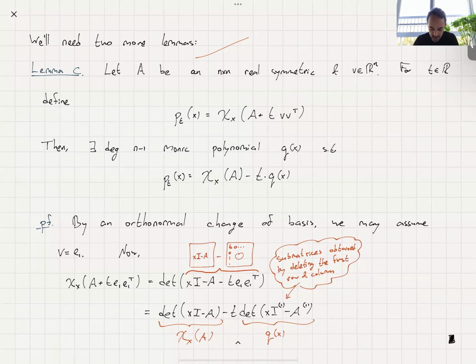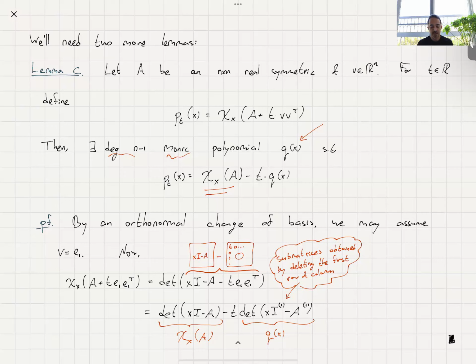Okay. So what I'm claiming is that there is a degree n minus 1, that's where the n minus 1 comes from, monic polynomial q of x, such that P_t of x can be written as follows. It's the characteristic polynomial of A minus t times that polynomial q of x that I claim exists.